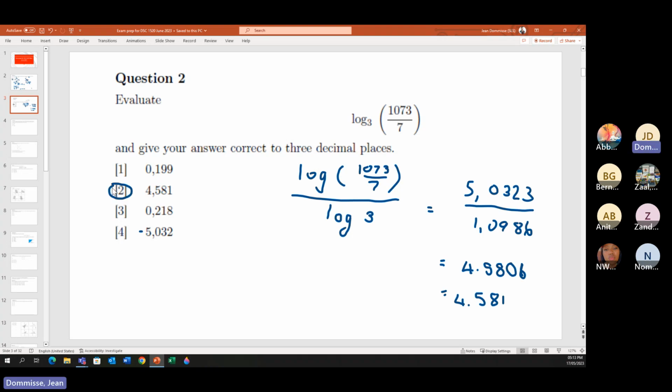So again, I just wanted to show you, if you get one of the logs and your scientific calculator can't, if you can't put in there the 3 into the log, that the log rules are basically then log of what is in the bracket divided by log 3. Okay, and that all the calculators will be able to do.